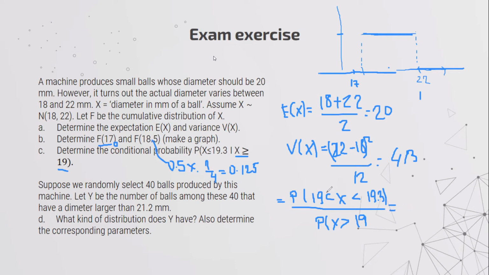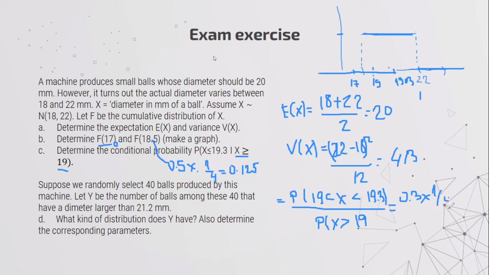How to calculate x being between 19 and 19.3? Just plug in the numbers in the graph. Here that would be 0.3 times the height, which we already found, which is 1 over 4.